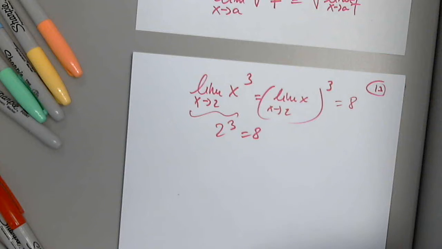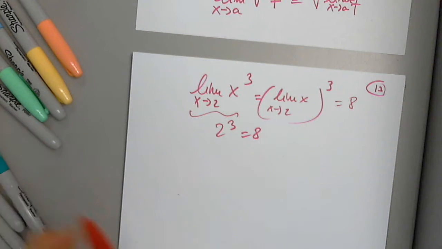Let's finish up today, I still have 10 minutes. Let's finish up with a graph. That's section 4.5. I would like to show a graph with a slant asymptote, but I need more than 10 minutes for that.